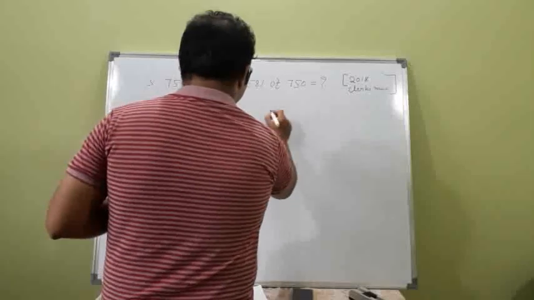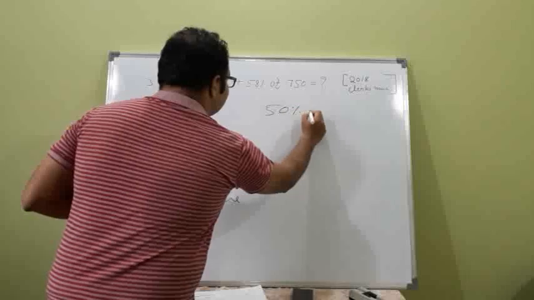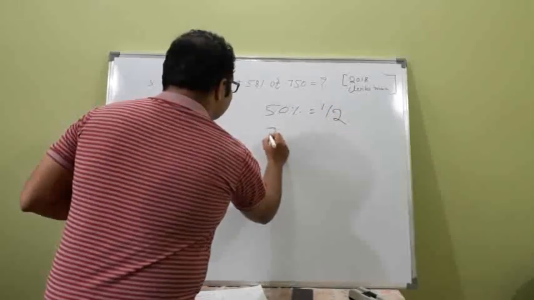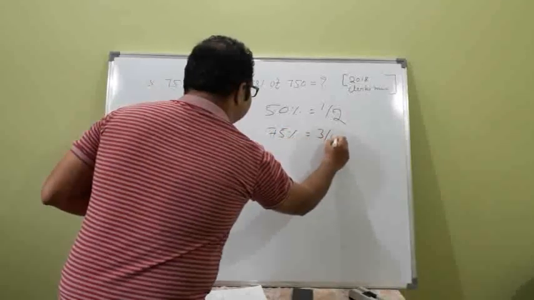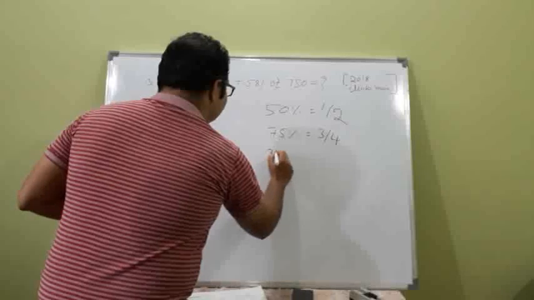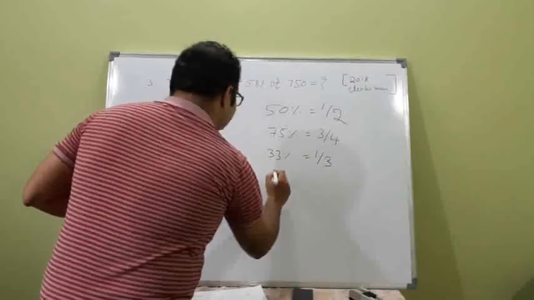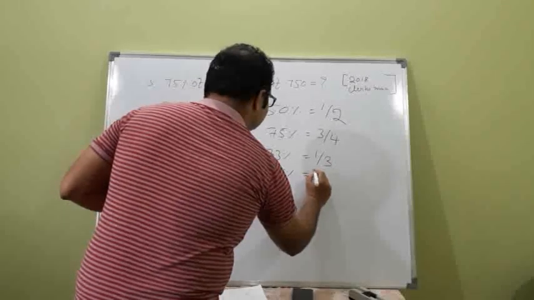The trick is here. We all know 50% is 1 by 2 or half. 75% is 3/4. 33% is 1 by 3. 66% is 2 by 3.